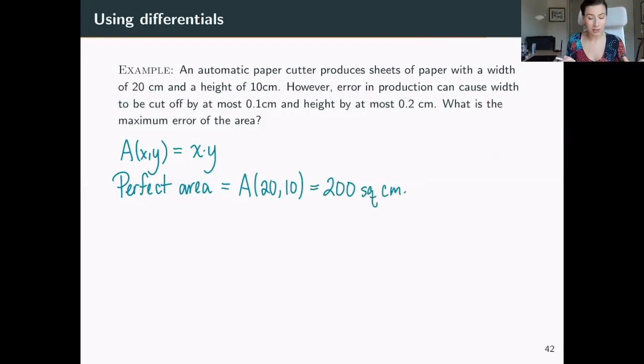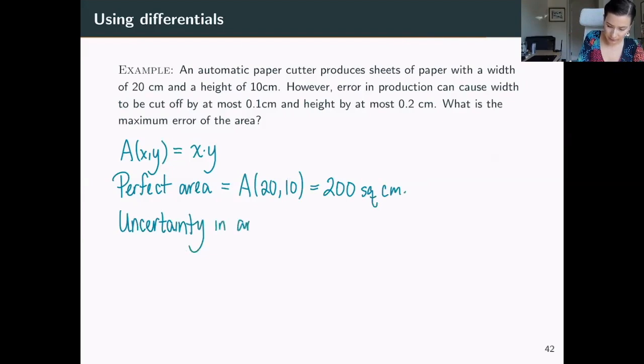The uncertainty in the area is going to be equal to delta A, the change in the surface. And this is something that we don't know, but we can use the differential to help figure things out.